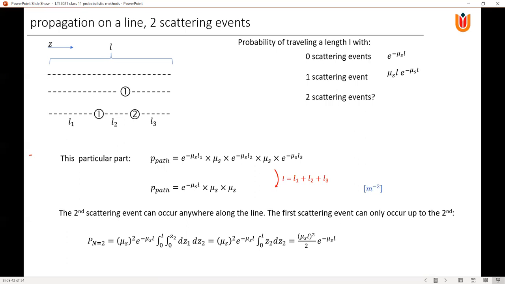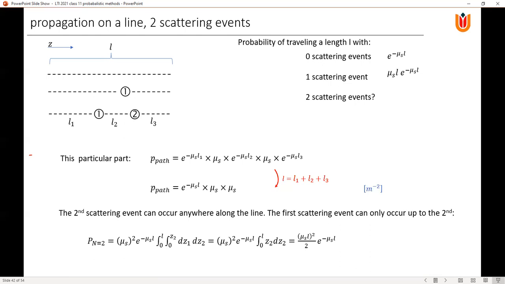But that would be for this particular path. We have to add all the possible ways that this path can occur. Now, it's easier to look backward.